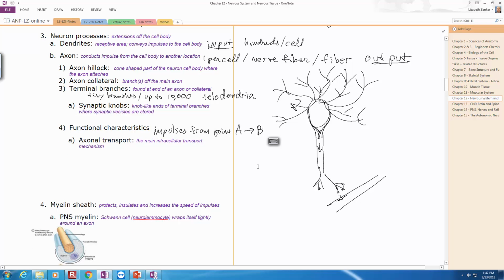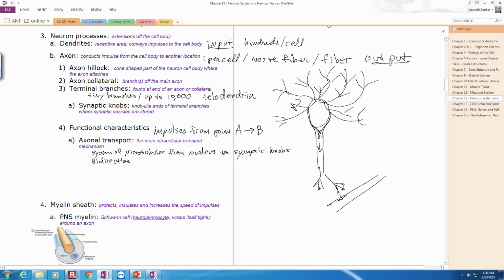So it's a system of microtubules from the nucleus to the synaptic knobs. It's bidirectional, so it goes either way, which is good for a lot of things and not so good for some things.